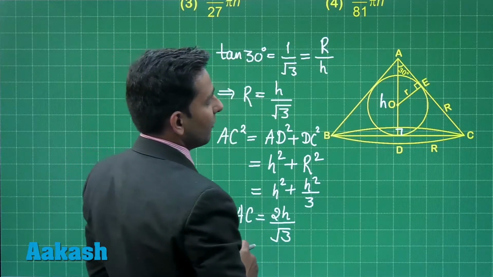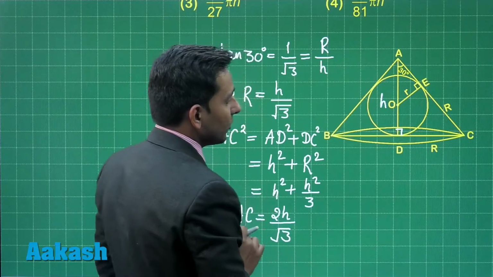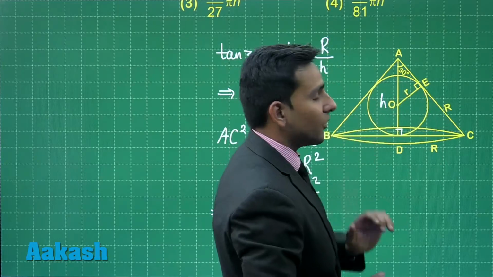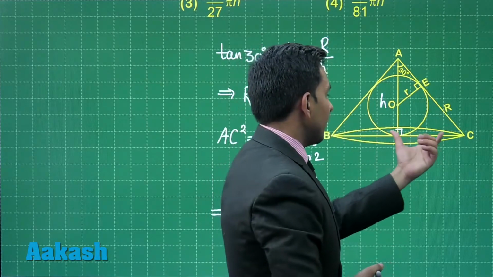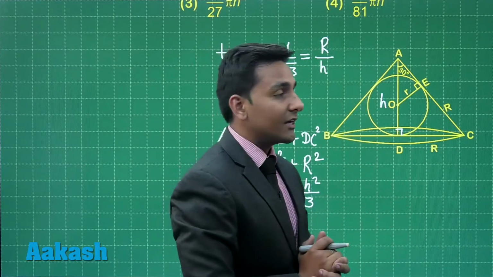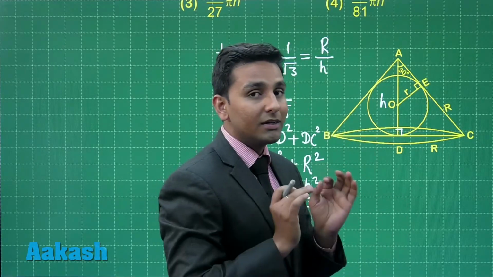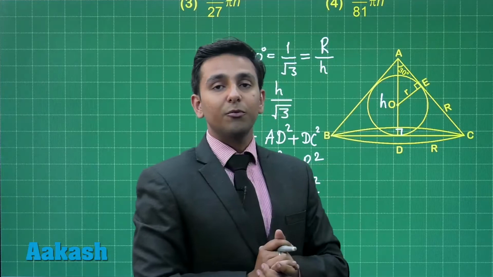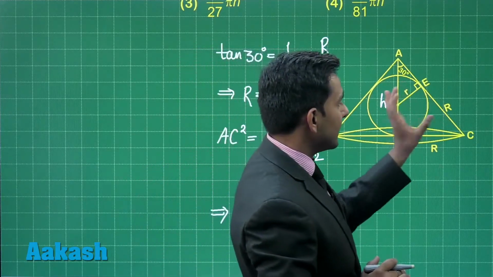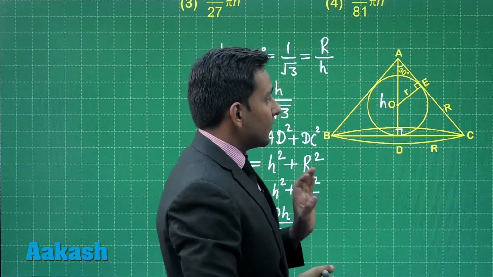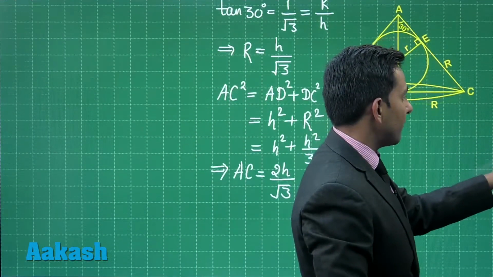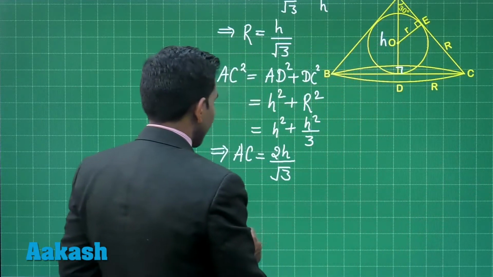Here we have the length of line segment AC, and we know that the length of CD is equal to the length of CE, because here BC and AC are tangents to the given sphere. That means we know the concept, the tangents drawn from an external point are equal in length. So that's why we are taking the length of CE is equal to R unit. So here we can calculate the length of AE because we have the length of AC. So what is the length of AE here?